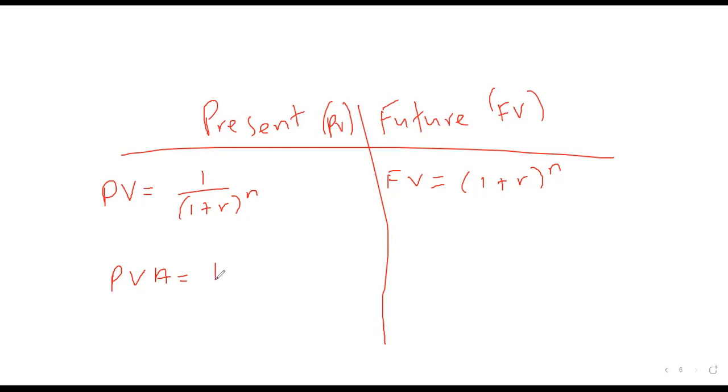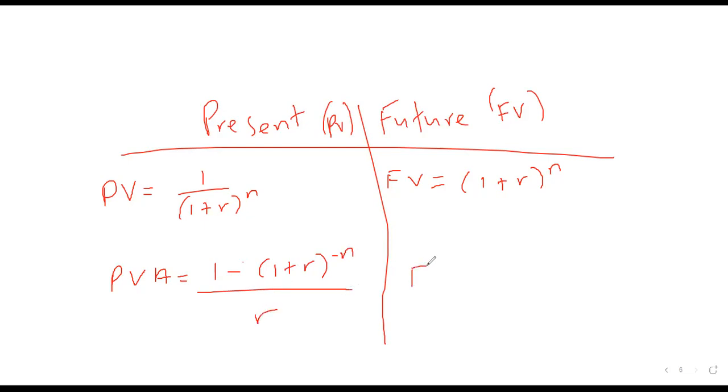If we're dealing with the present value of an annuity, we have 1 minus 1 plus r to the power negative n, over r.